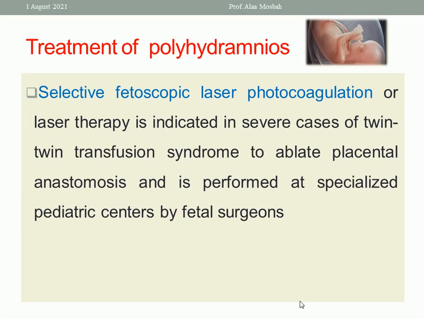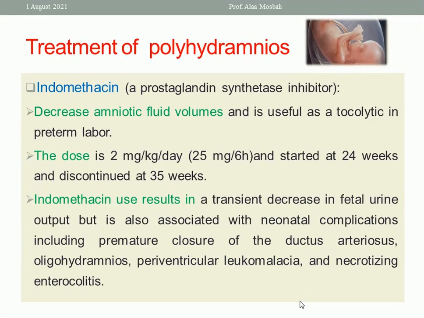Selective fetoscopic laser photocoagulation or laser therapy for twin-to-twin transfusion syndrome to ablate placental anastomosis. Indomethacin, which is a prostaglandin synthase inhibitor, decreases amniotic fluid, and also can be used for another aim, which is a tocolytic drug in preterm labor.